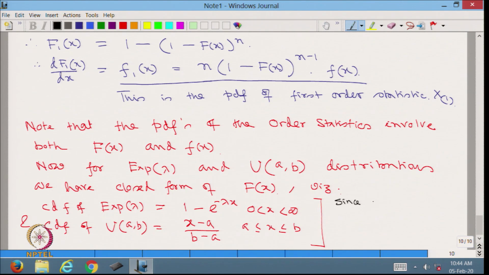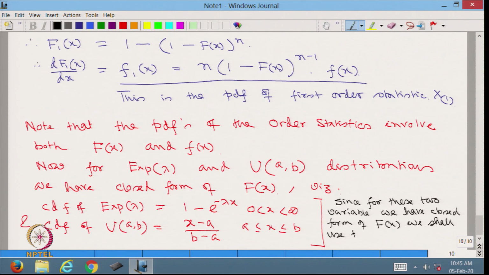Since for these two variables we have closed form of F(x), we shall use them mostly in our examples.